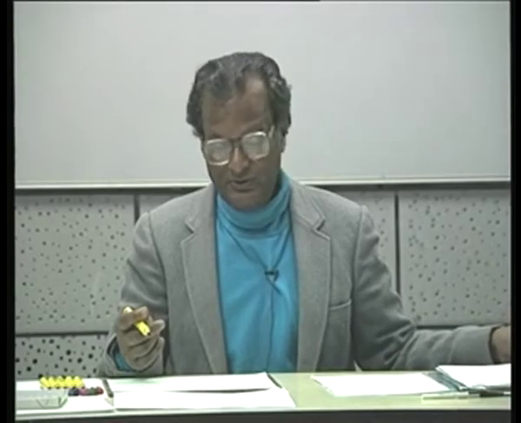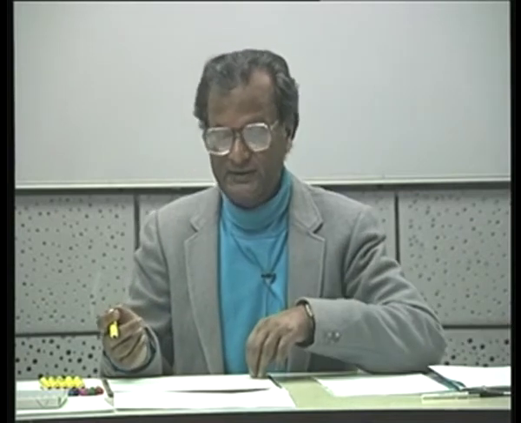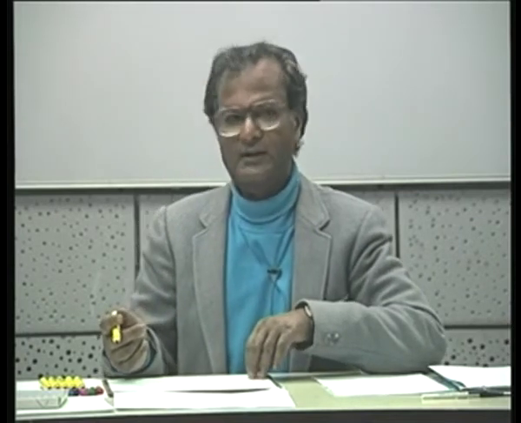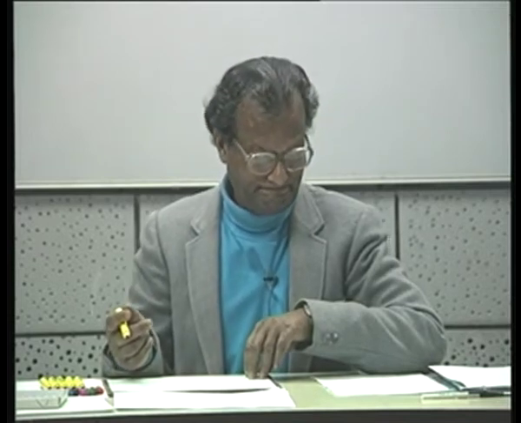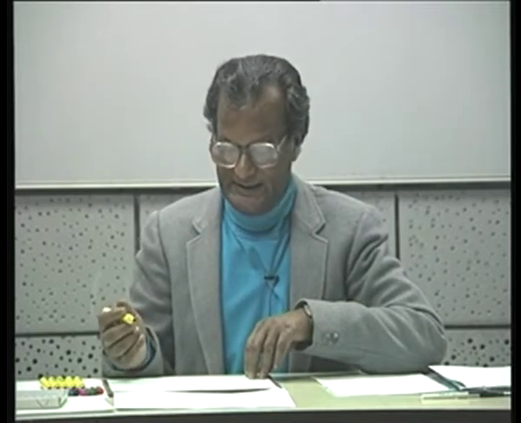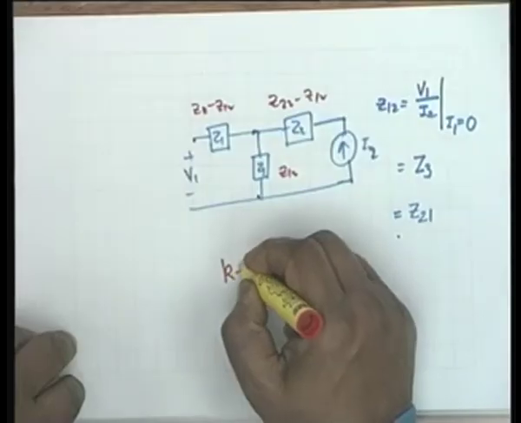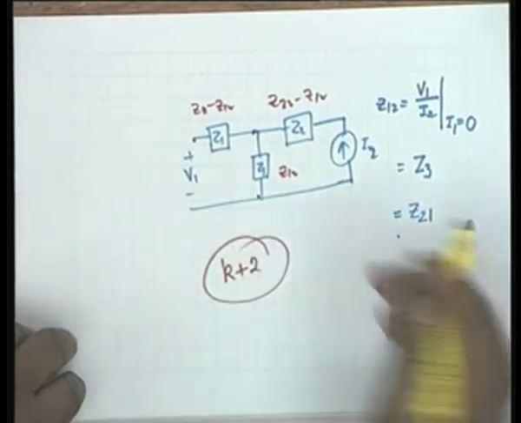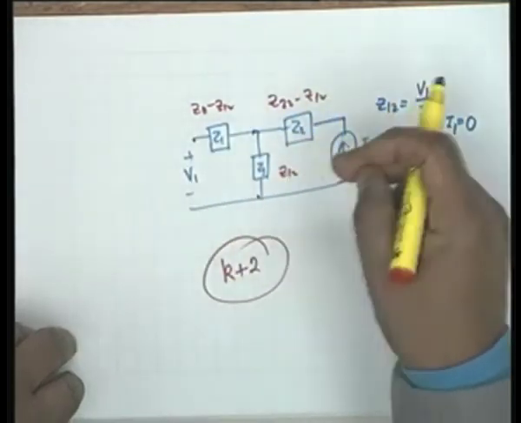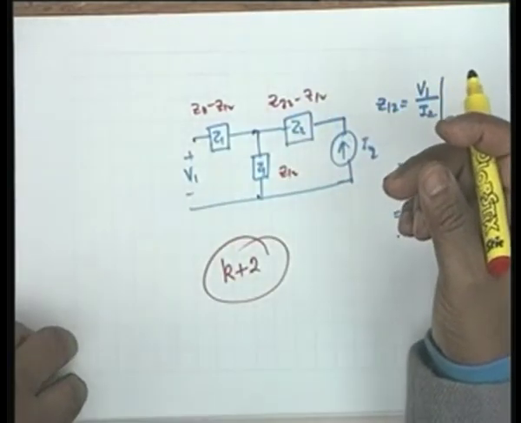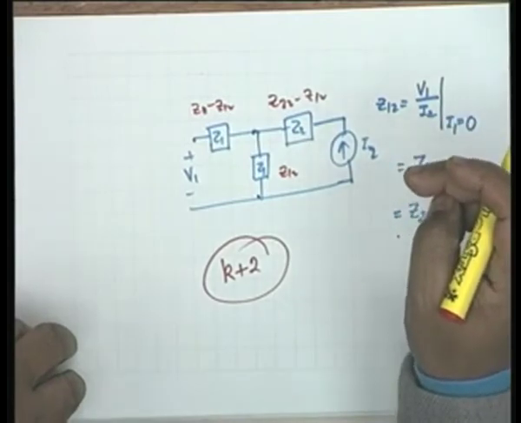But suppose you have a more complicated network in which there are, let us say, k plus 2 number of nodes, and you cannot obtain this by inspection or by finding out the input impedance.